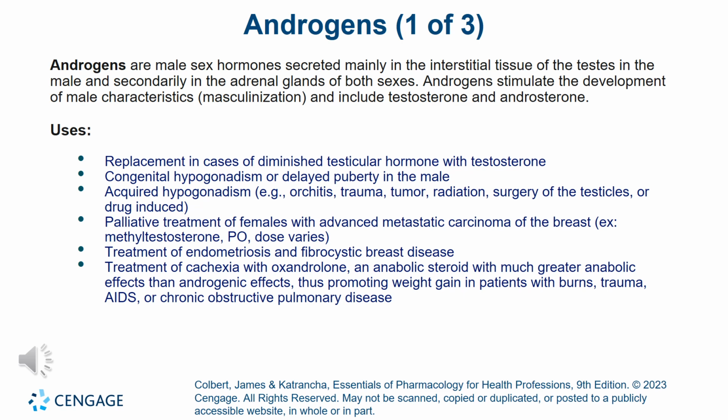It's also used for treatment of endometriosis and fibrocystic breast disease, and treatment of cachexia with oxandrolone, an anabolic steroid with much greater anabolic effects than androgenic effects, thus promoting weight gain in patients with burns, trauma, AIDS, or chronic obstructive pulmonary disease.